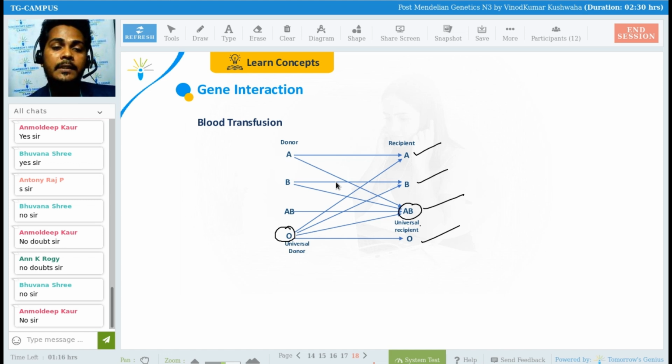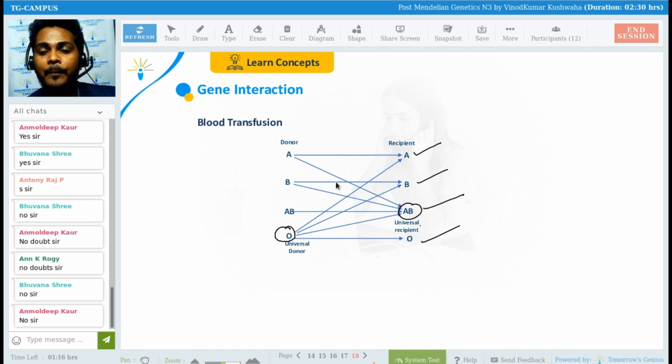Similarly, a person with AB blood group has both antigen A and B in their RBC, but no antibodies in their plasma. Such a person cannot donate blood to persons of other blood groups, but can receive blood from all others, and that's why they're called the universal recipient.